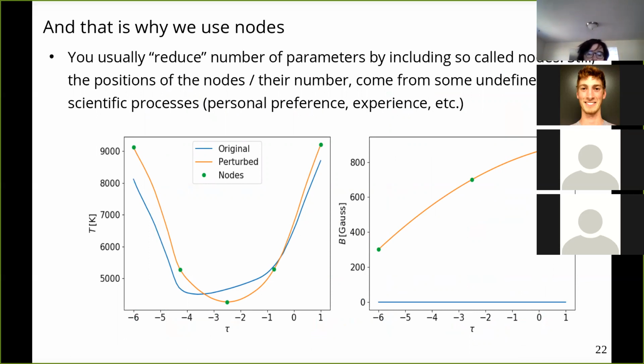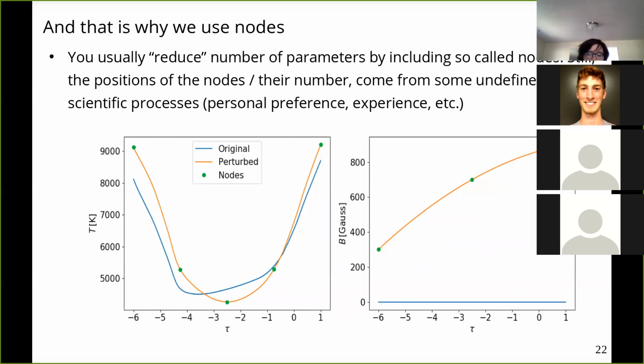What I'm showing you here on these panels is a fully stratified atmosphere that is being perturbed by some amount. But instead of perturbing each depth point separately, I only have 5 predetermined positions where I'm allowed to do the perturbation, and the perturbations in between have to follow these perturbations at the green points according to some method that we have agreed on, either a spline or a polynomial or something like that.